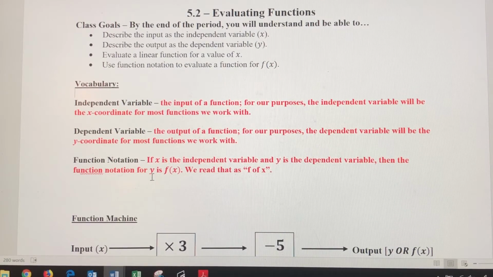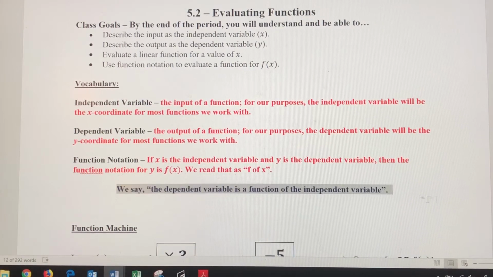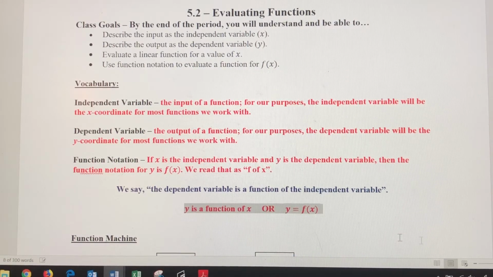What that means is anytime you see y, you can interchange that with f of x and vice versa, okay? So we say the dependent variable, y, is a function of the independent variable. So y is a function of x, or y is equal to f of x. And again, that makes these interchangeable, okay?